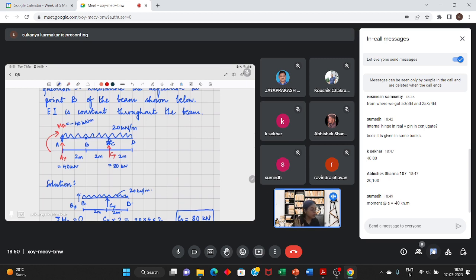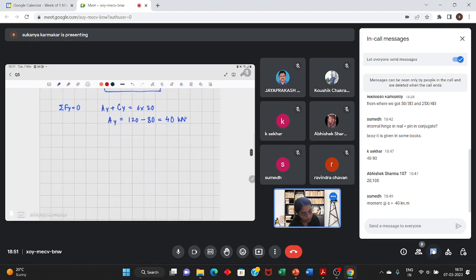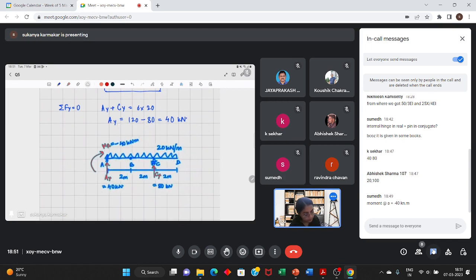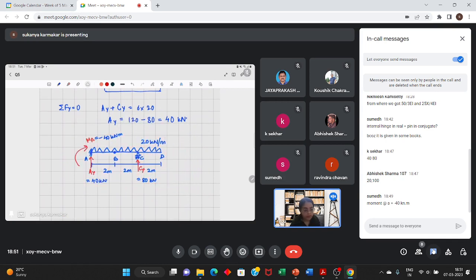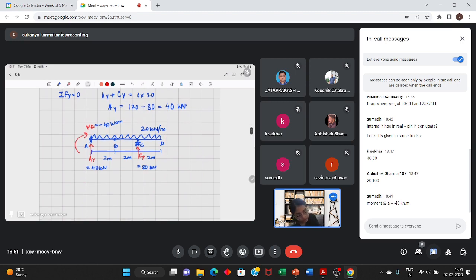Now you have to draw its bending moment diagram. This being the structure, you have this. Now I want to draw its bending moment diagram. So let's start.